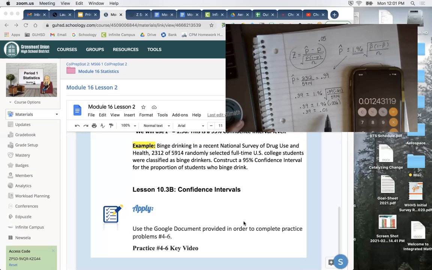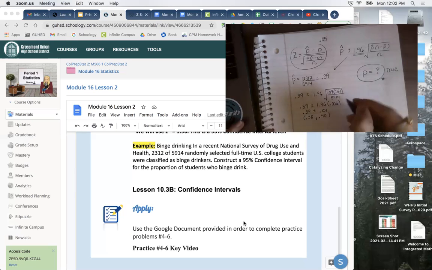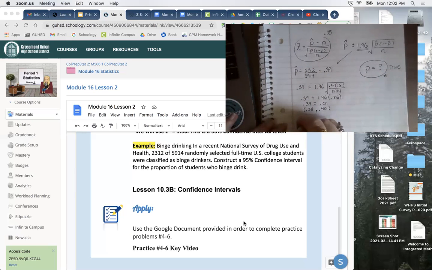That means that my window is going to be 0.39 minus 1%, 0.38, and 0.39 plus 1%, which is 0.40, 40%.